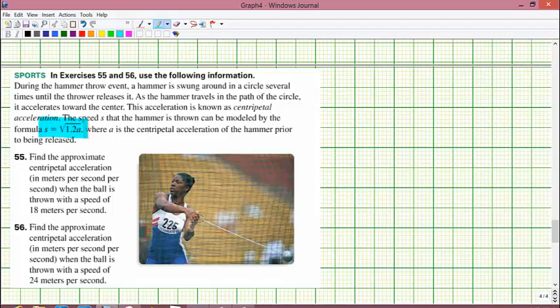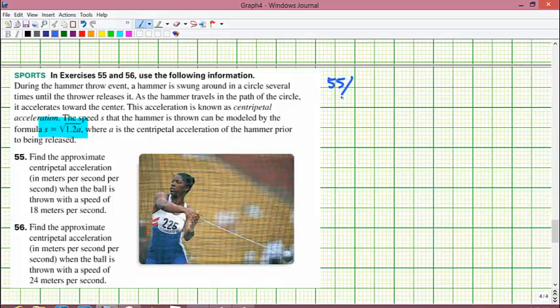There we go. S equals 1.2 root a. A is the centripetal acceleration, and S is the speed that the hammer is thrown. Okay. So again, it's a straightforward substitution problem.